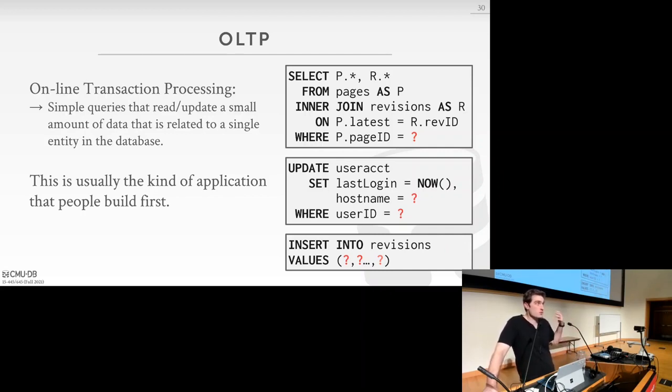So just really short-running, simple operations that only read or write a few values in the database. And if you have a new company or a startup, this is usually the type of application that people build first. You have these transactional things for your new app that manage the simple aspects of the application.